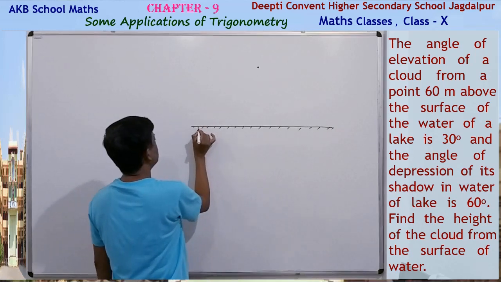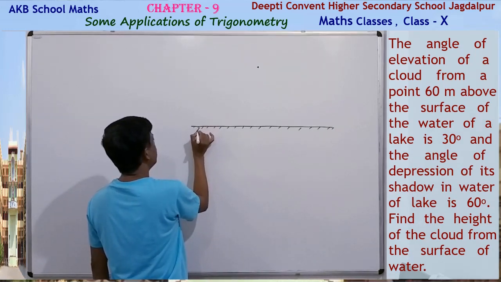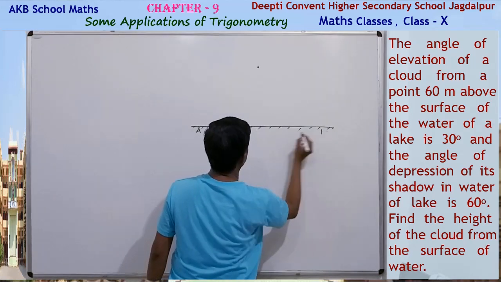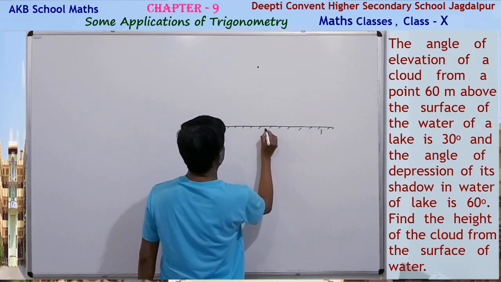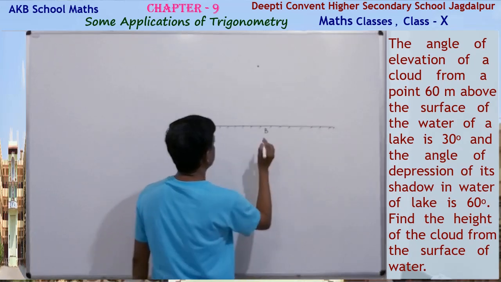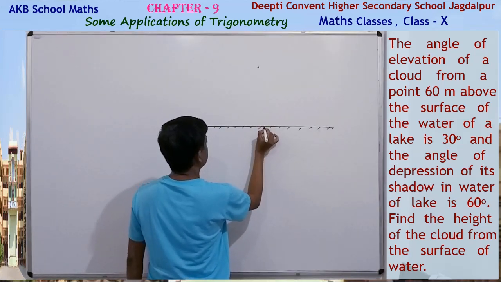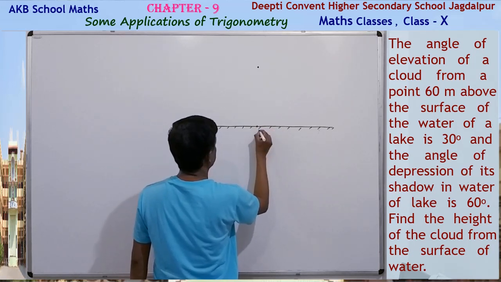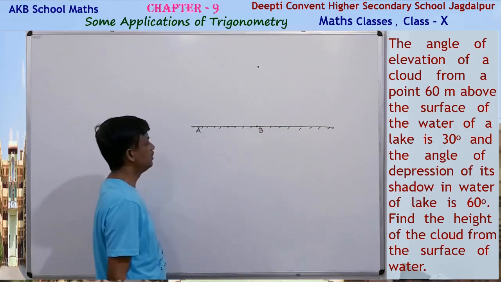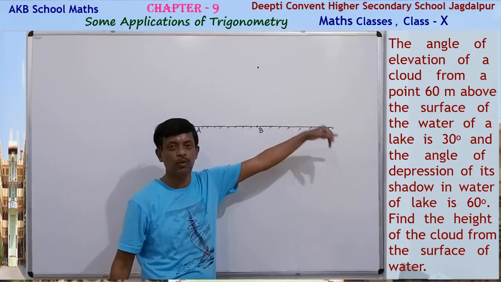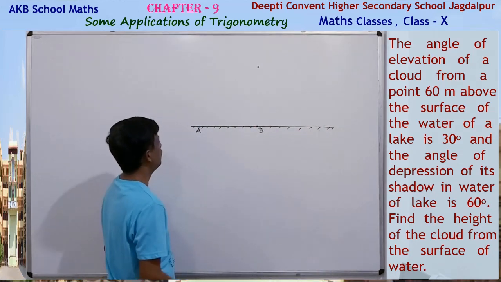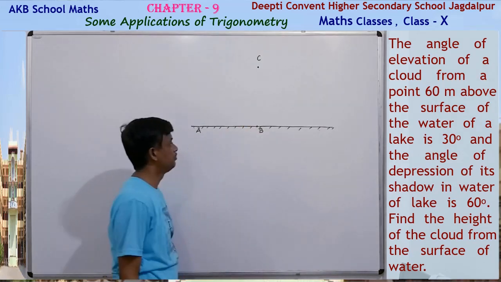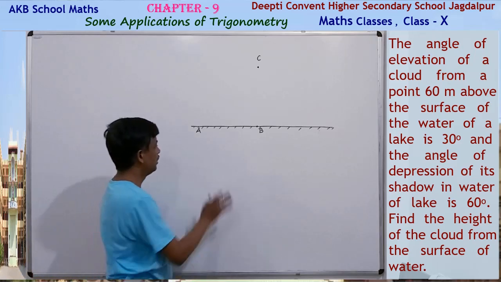Suppose A, B is the water level. Okay, B is the point here. AB is the surface of the water. Now C is the cloud. Clear? This is water.